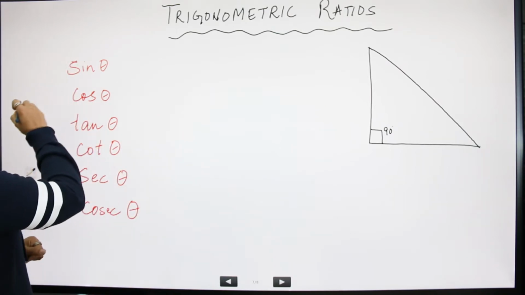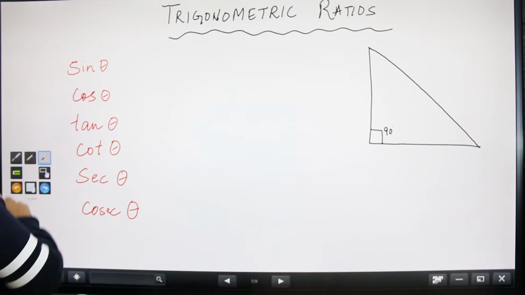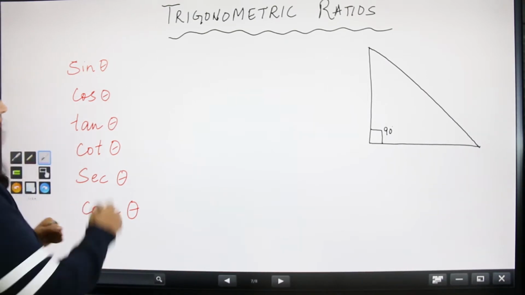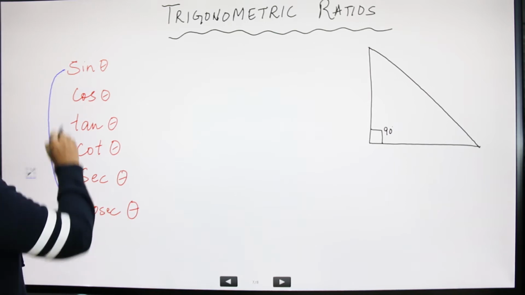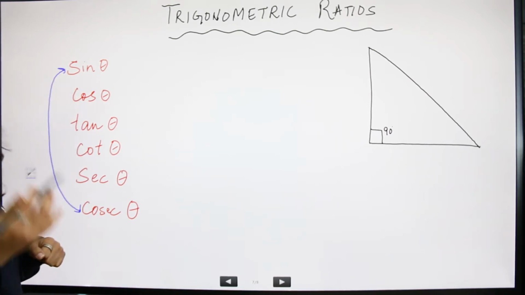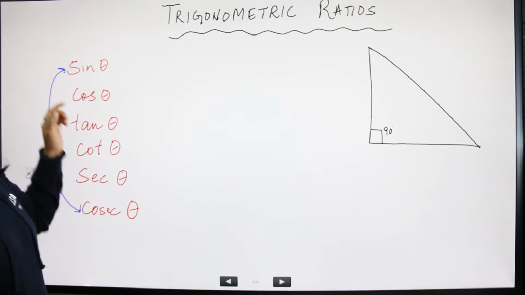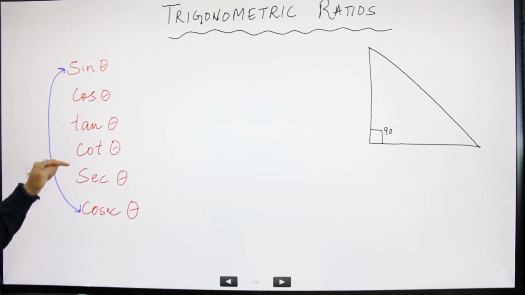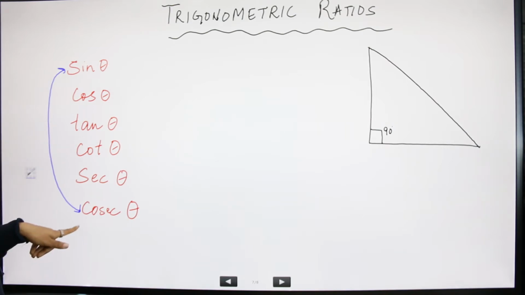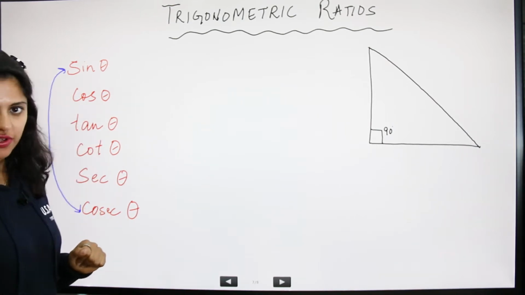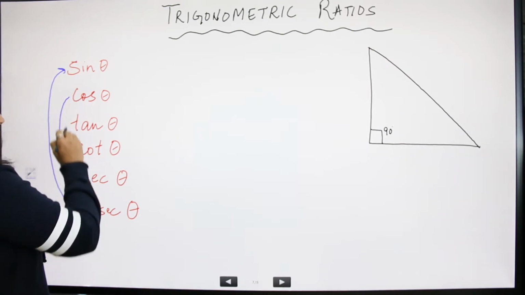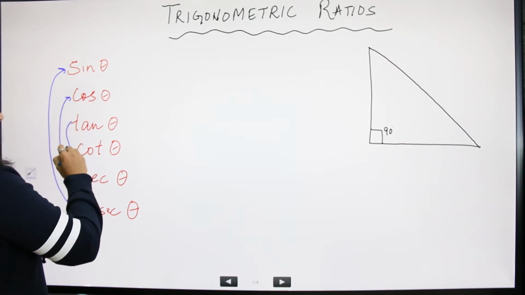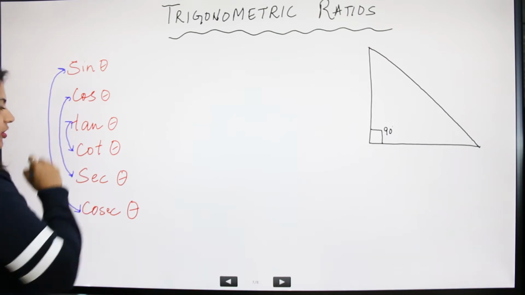Before we start, I need to tell you how these values are interrelated with each other. The sine value is related with the cosecant value. We always write these values like that: sine, cos, tan, cot, sec, cosec. Easy to remember. Sine and cosecant are reverse of each other, cos and secant are reverse of each other, and tan and cot are reverse of each other.